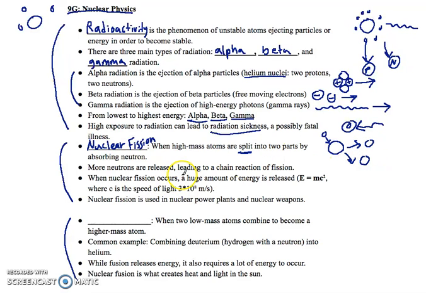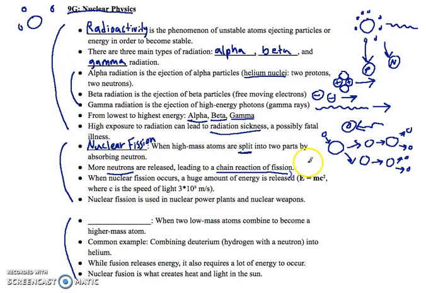And then in some cases, when it breaks apart, some of the neutrons from these particles are going to hit other large atoms, and then they're going to split into smaller pieces. And then you end up getting this kind of chain reaction.